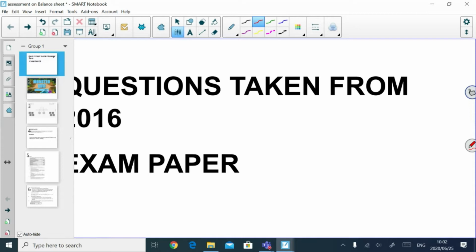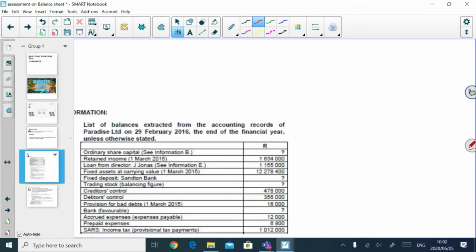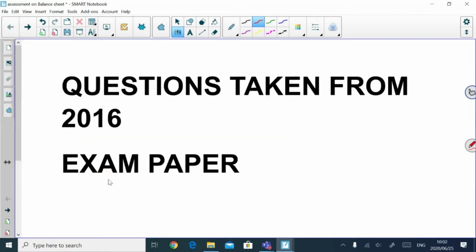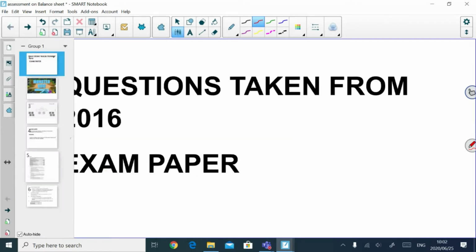It's a question taken from the 2016 question paper relating to the balance sheet. That is question number 4.2. This one here.